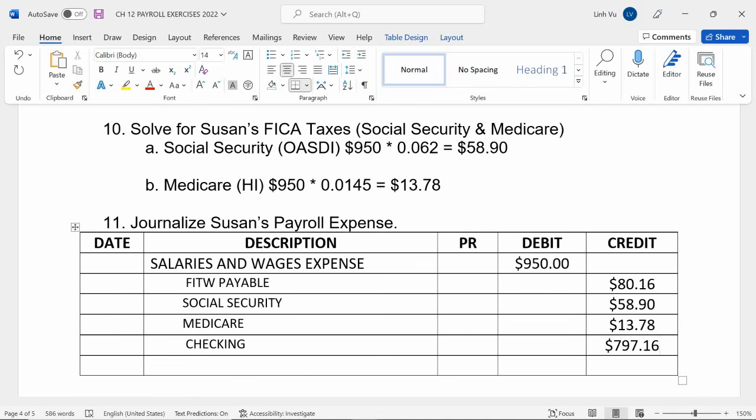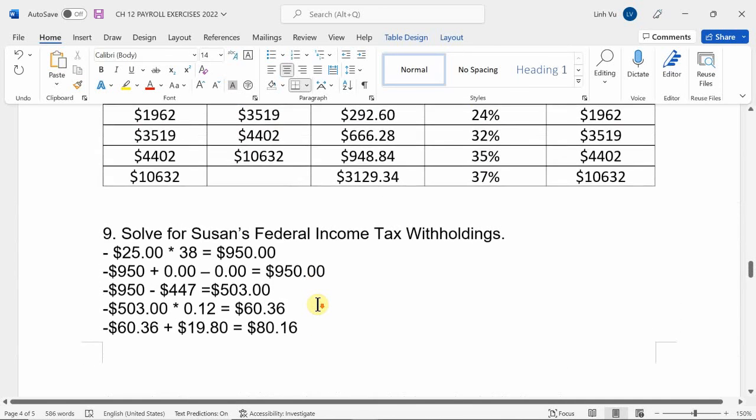Where did the $80.16 come from? That's her federal income tax withholdings.